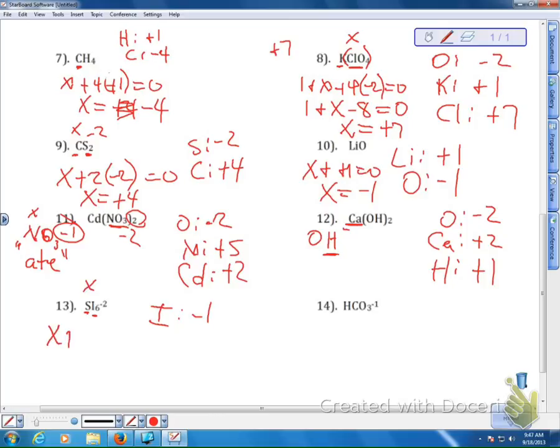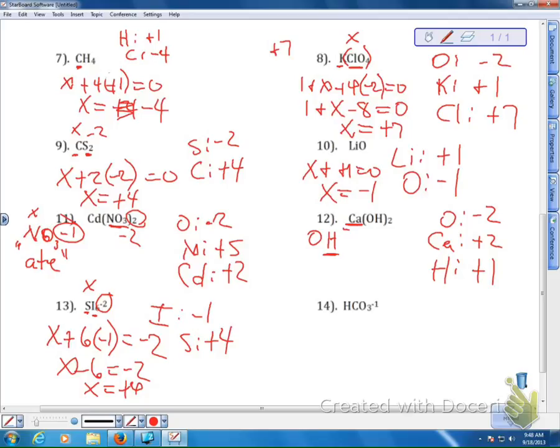We have X plus 6 times -1. This time it's going to equal -2 because we have a charge. X minus 6 equals -2. Therefore, X equals +4 for sulfur. Not an ideal state for sulfur, but one it can exist in.